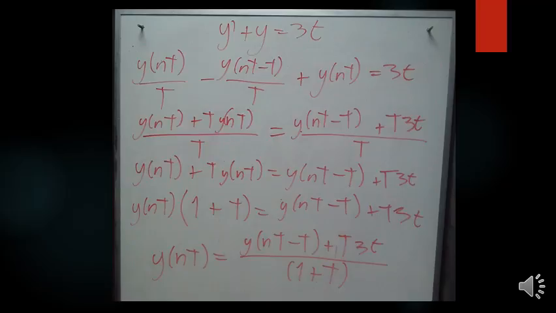Then we have y(t) plus t y(t) over t equals y(t minus t) plus t times 3t, all that over t. Then we have y(t) plus t y(t) equals y(t minus t) plus t times 3t.